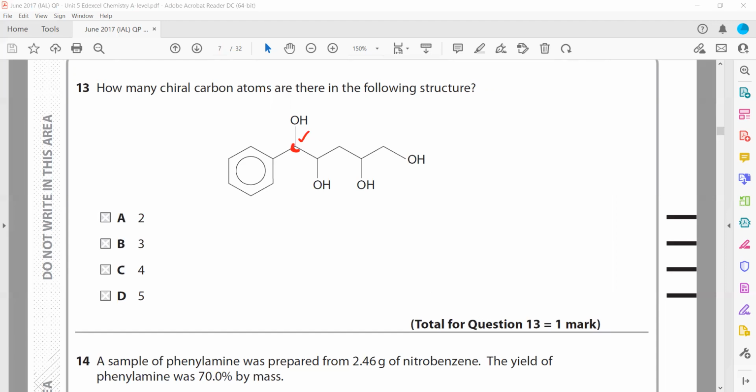So when we check, if we start with this one, this has 2 hydrogens, so this cannot be a chiral carbon.